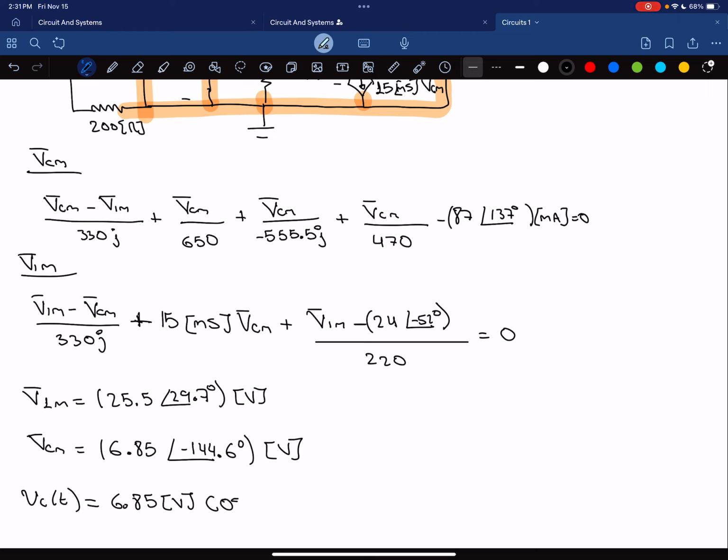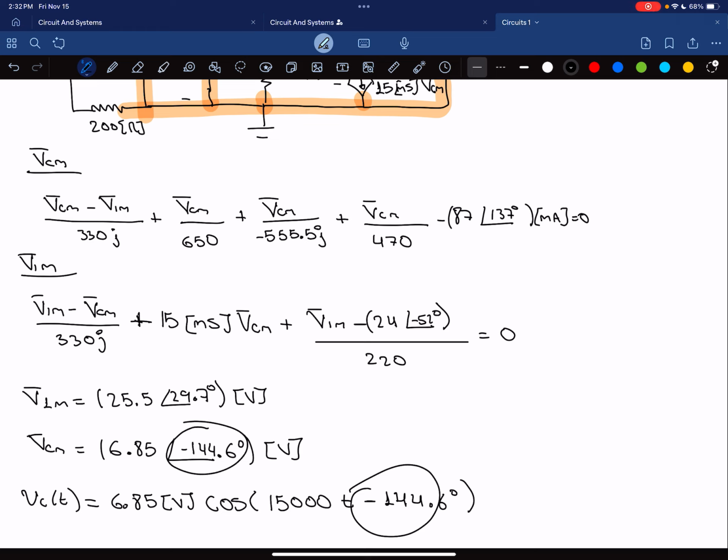Then times cosine of omega t. But we know that omega is 15,000, so 15,000 t minus the angle. And we know that the angle is this. So we do minus the angle because this is negative.